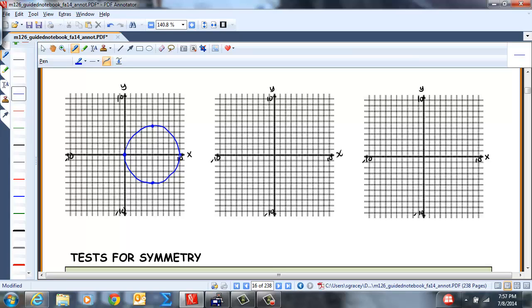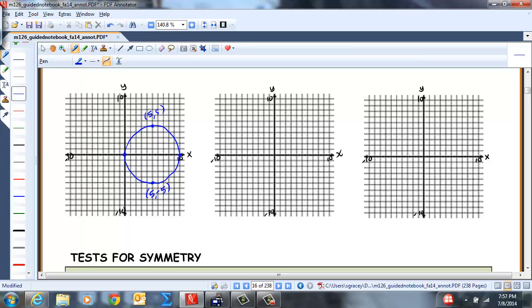Okay, so you guys tell me, so the definition for symmetry, which one do you think I have reflectional symmetry? So if I fold this graph on one of the axes, will it have symmetry? Or you can go straight to the definition, right? So here, this is the ordered pair 5, 5, right? And this is the ordered pair 5, negative 5.